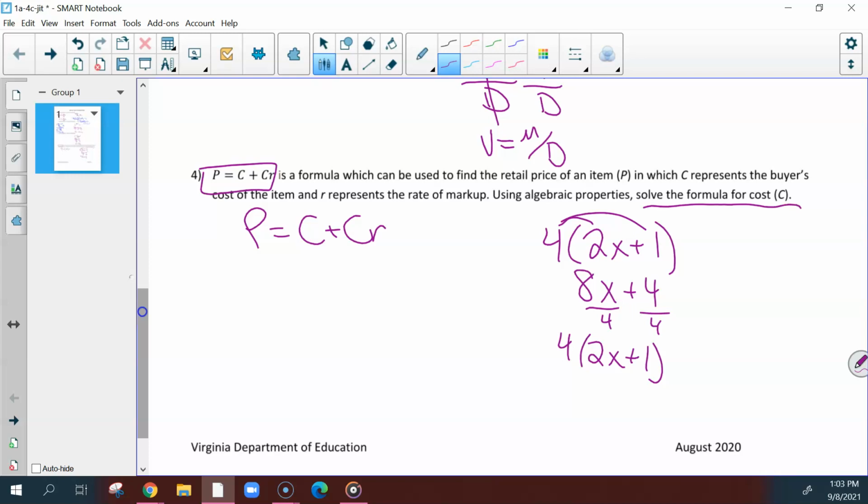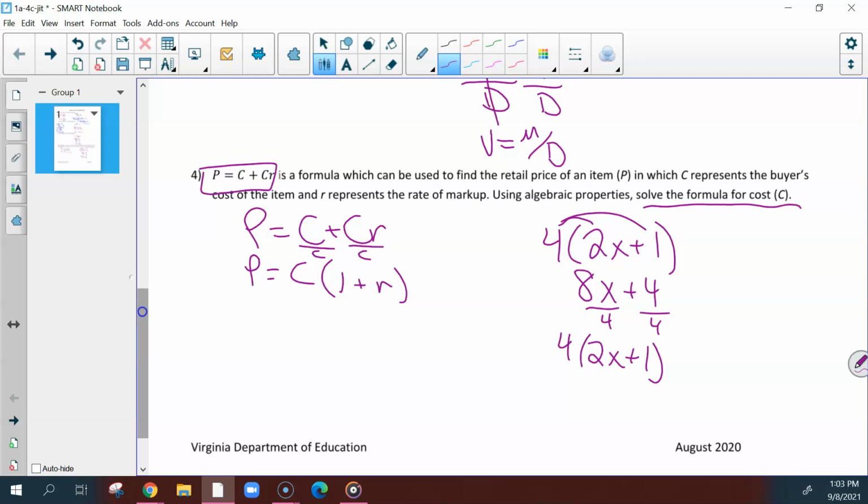So if I need c, and c is in both of these, I'm going to divide both of these terms by this c and see what is left on the inside. C divided by c would give me 1. CR divided by c would give me this r. Now I have that c on the outside that is almost by itself.